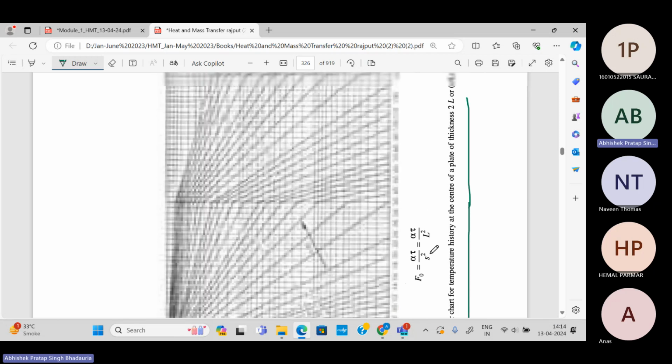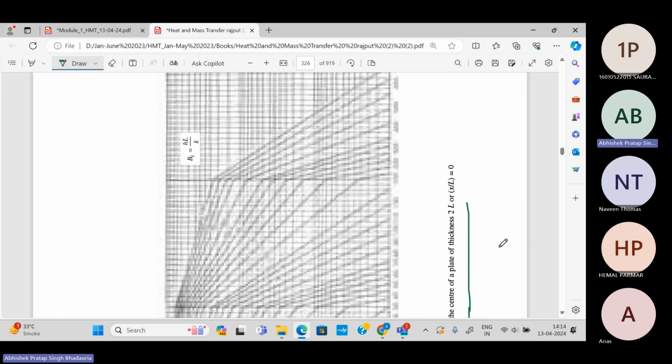Okay, so let's solve this. I've already explained what the Heisler chart is and how to use it. Four geometries are there: plate, cylinder, sphere, and cube, and separate Heisler charts are available for these geometries.